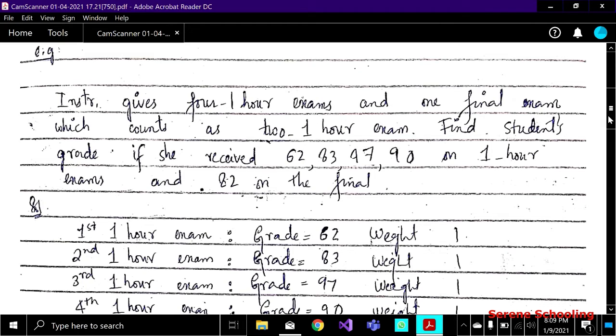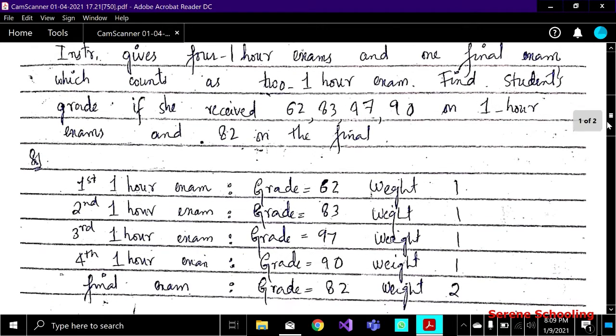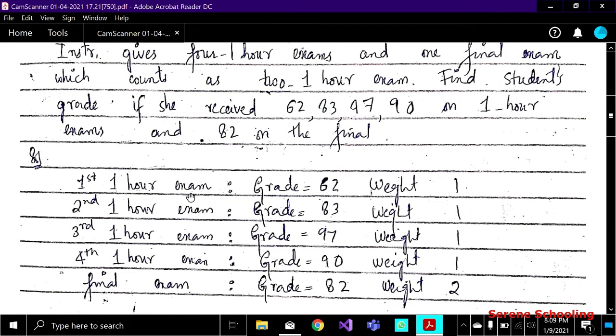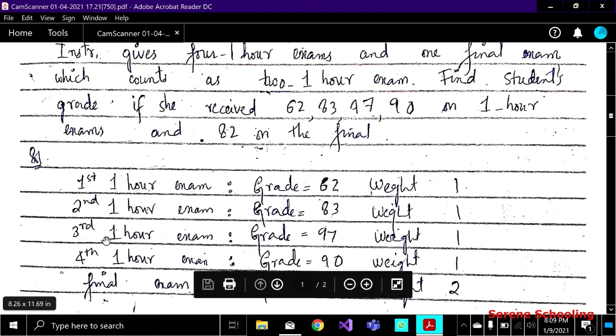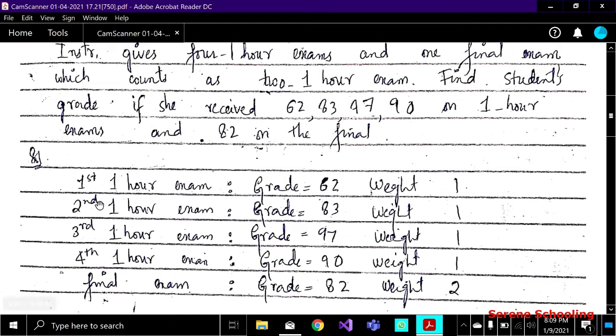See here in the solution, I have written it over here. We are given 4 1-hour exams, which means we have 4 exams and each exam is of 1 hour. And there is one final exam which counts as 2 1-hour exams.